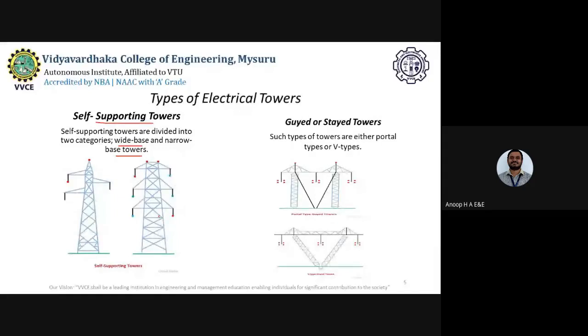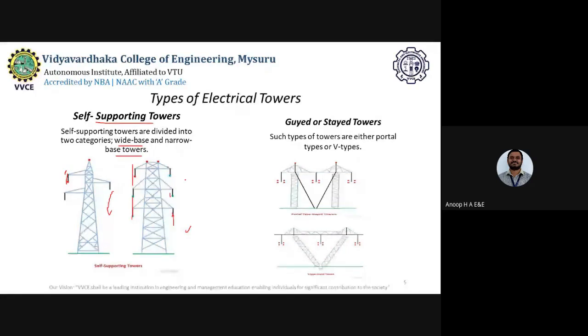This one is the wide base, and this one is more like a narrow base. That is where you will have the cross linking. What you see here is the incoming line, and somewhere here you will have the outgoing line. Here you will have three incoming lines and three outgoing lines, similar to that.